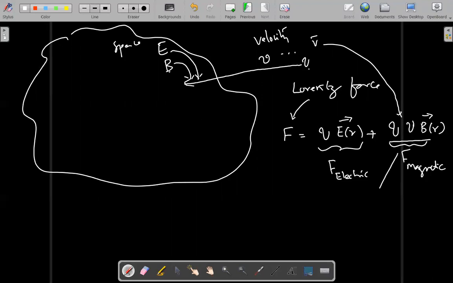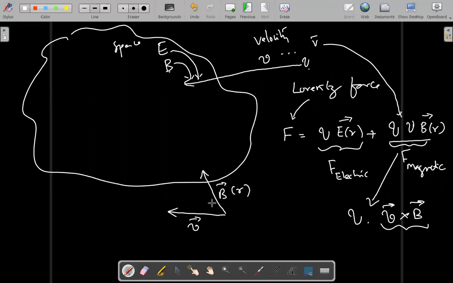Here they will write this as Q into the cross product of velocity vector and, see, for example, it is moving in this direction and this is a velocity vector, and magnetic force is in this direction. For example, this is the B bar.